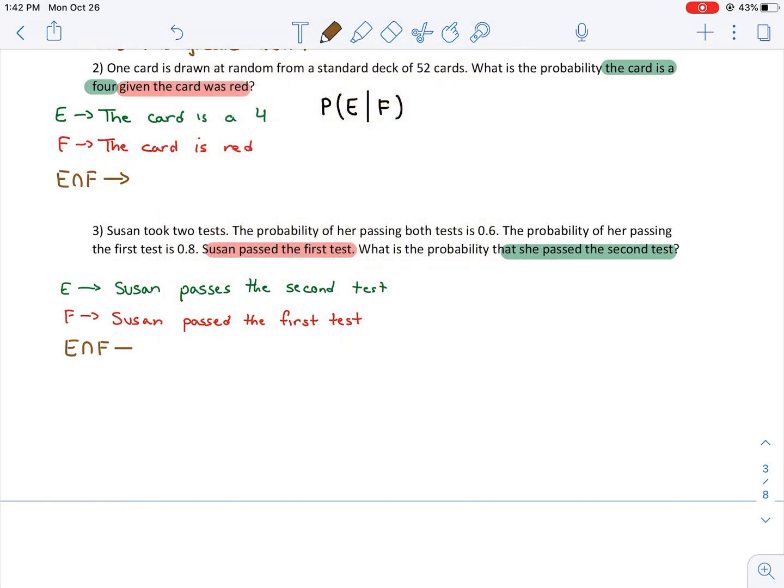So now we need to determine what is E and F. Well, that is the event the card is a 4 and red.